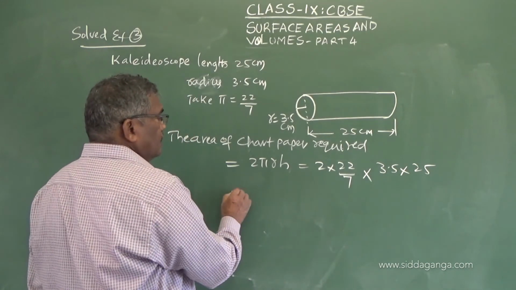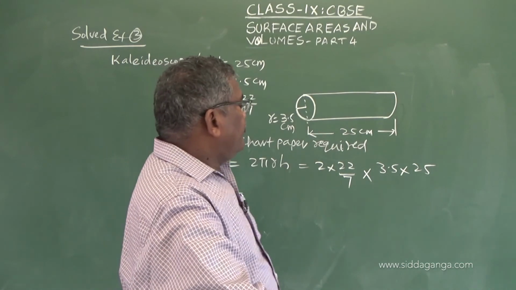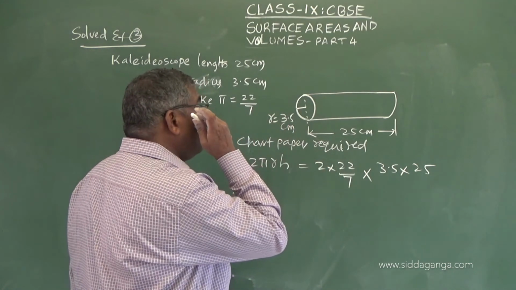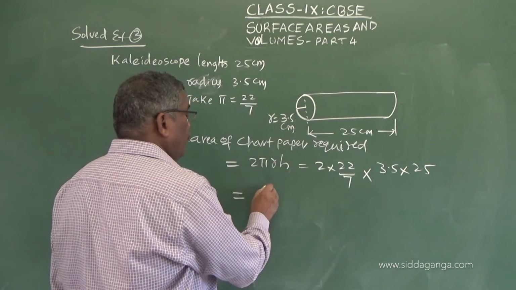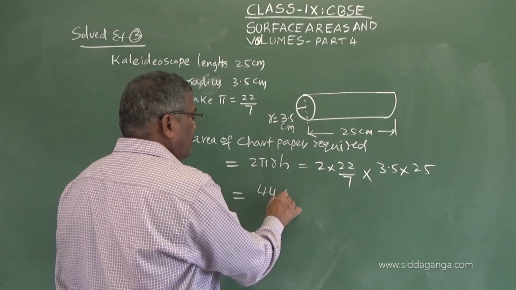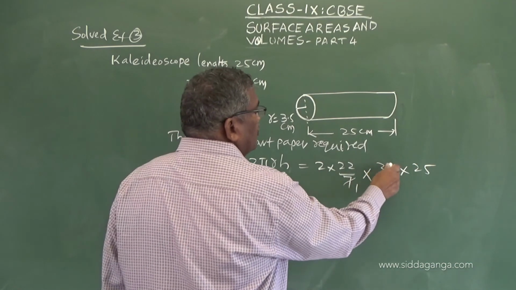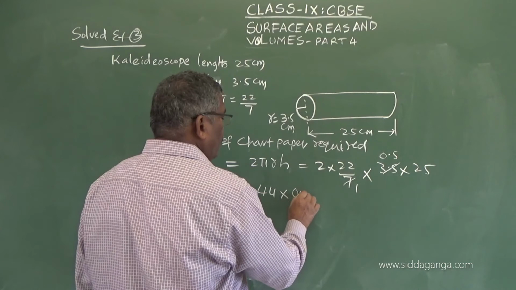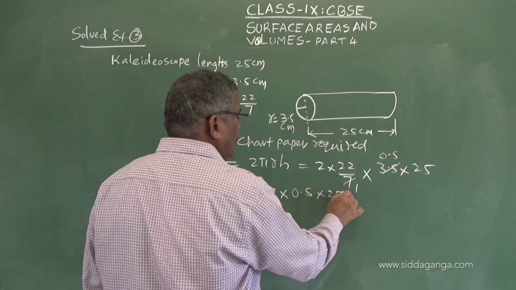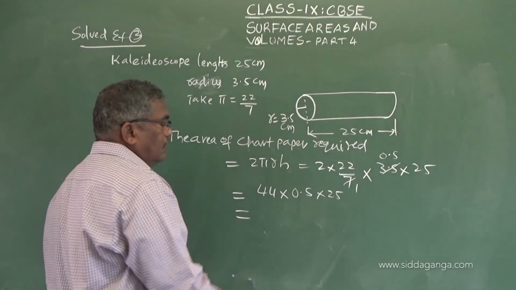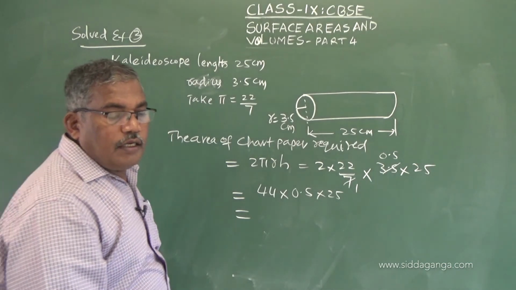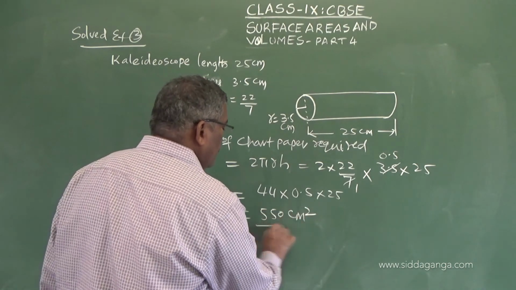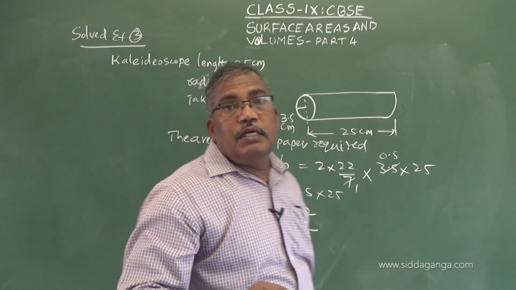So you calculate this: 22 into 2 is 44, into 7 ones are 7, 0.5 into 25. This will work out to be 550 centimeter square. So this is the area of the chart paper required.